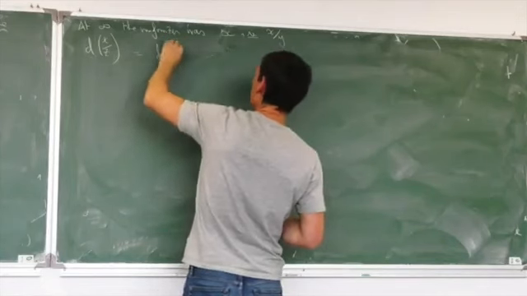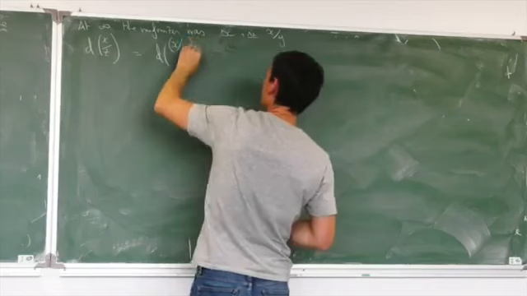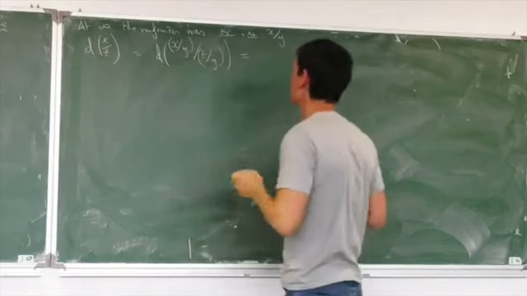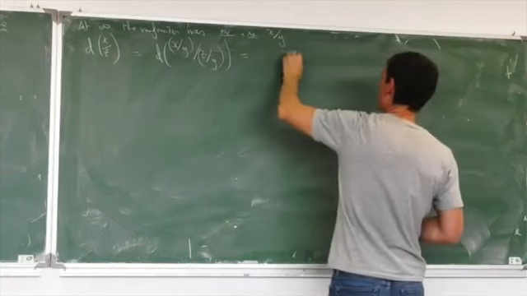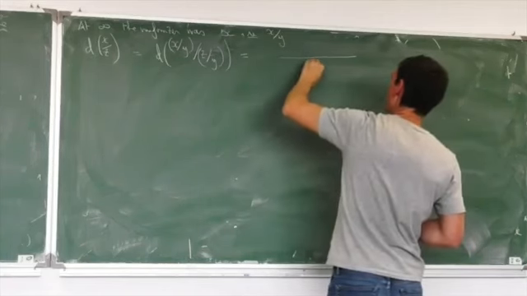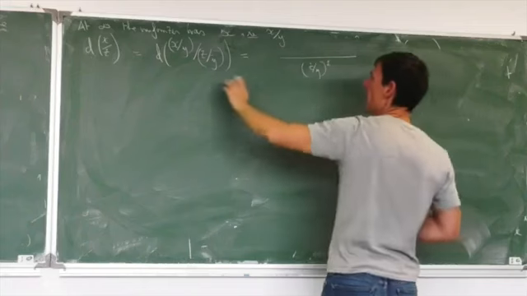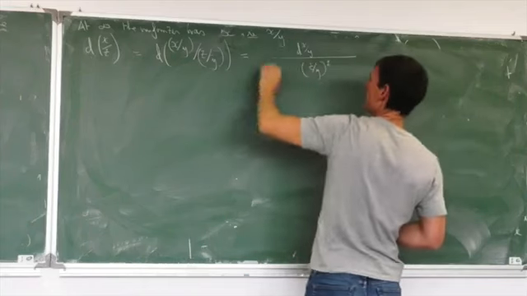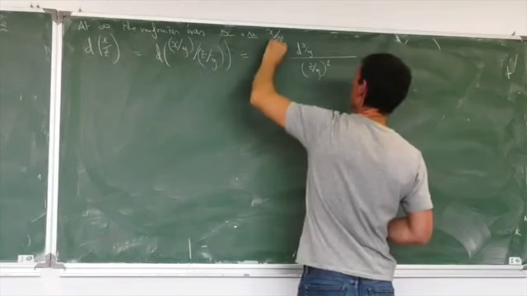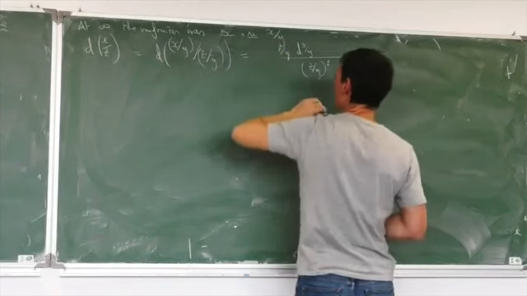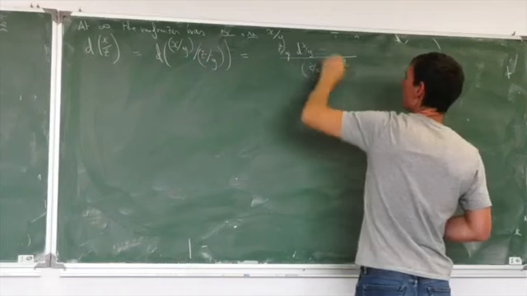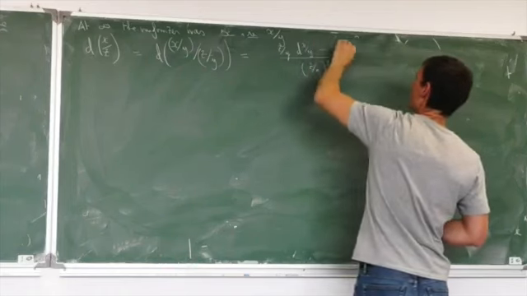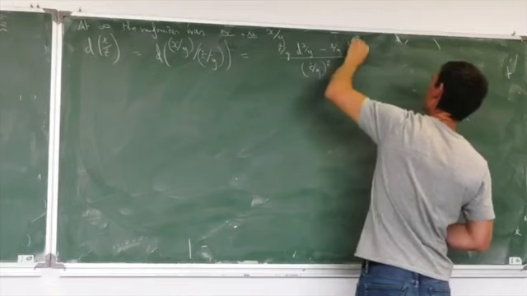So I'm going to write it like this. And now, you do the classical formula for the derivative. You have a z over y squared here. So you differentiate x over y, and here you have a z over y minus x over y times d of z over y.